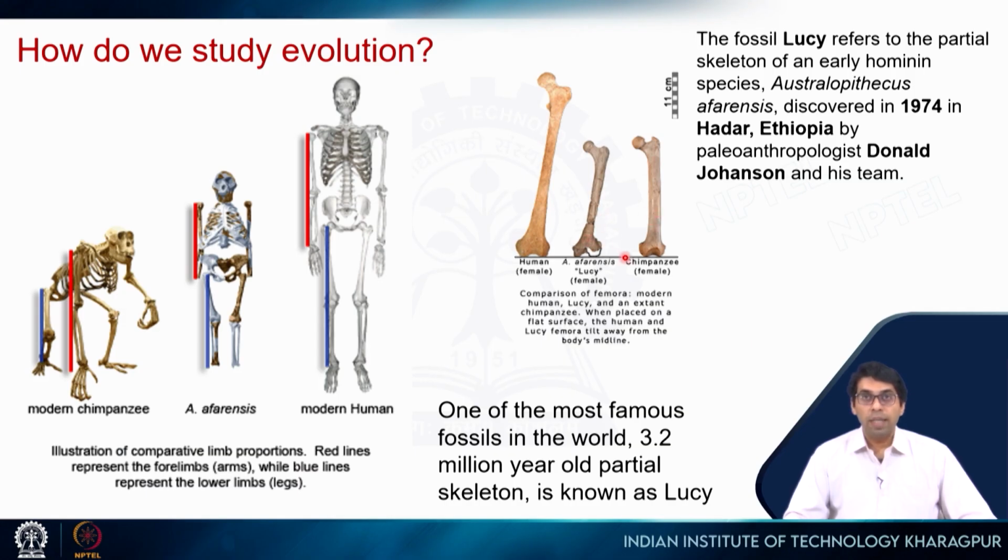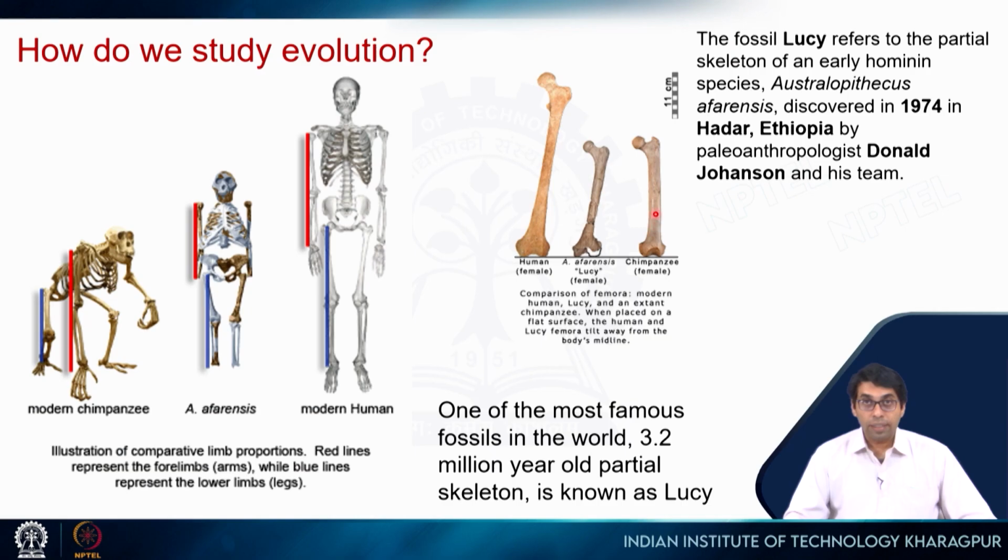However, when you place this bone on a horizontal surface like this, it tilts towards the right, just like the human bone. This is typical to us, but if you keep a chimpanzee bone, this is the femur, it will stand vertically like this.